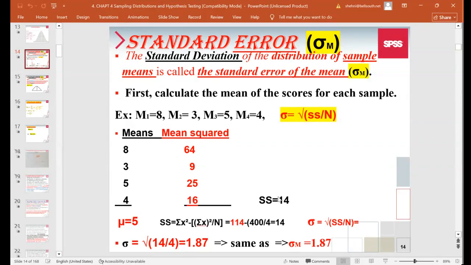So instead of all this, there is a formula just for standard error, sigma m. This is just to understand what the standard error is. And when you conduct research, you want your standard error to be minimized, because it's error. You want the error in your research to be very low.